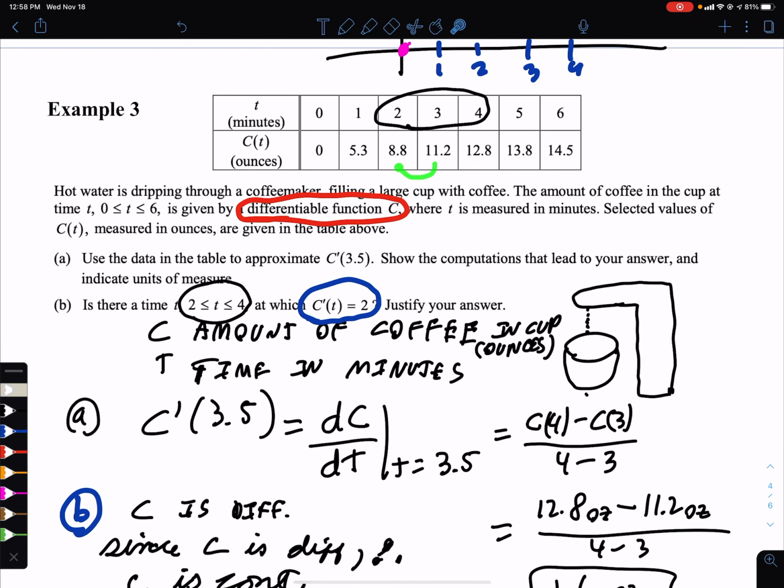That's 2.4. That's 2.4 over 1. That doesn't equal 2. Let's try these two. 12.8 minus 11.2, that's going to be 1.6 over 1. That doesn't equal 2. Let's do this point and that point. 12.8 minus 8.8 is 4 over 2. That is 2. So we're going to use 4 and 2.